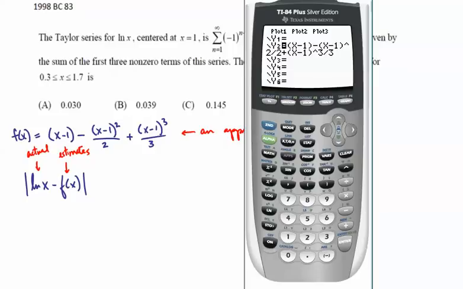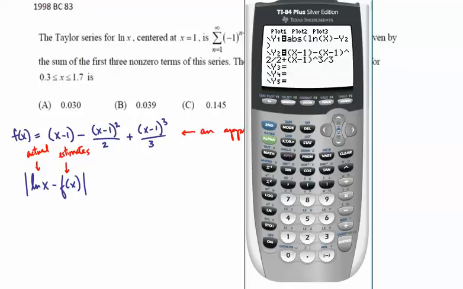Alright, then in y1 I will put in my absolute value, math, number, absolute value of natural log of x minus my new function, vars, y vars, function y2 in this case.